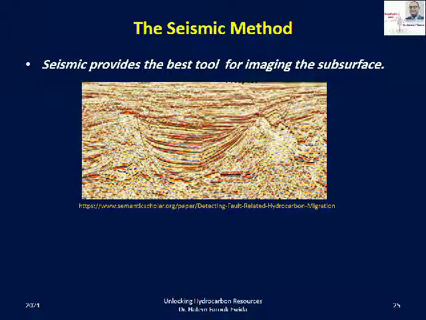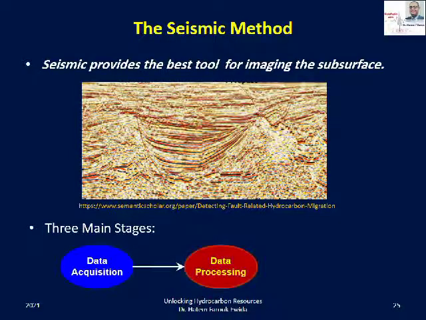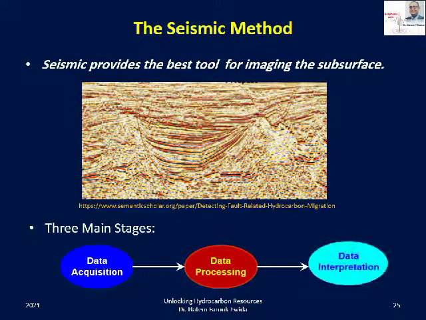We will see that in the coming lectures. To do seismic, we have three main stages. We will talk about each of them in the coming lectures alone. We'll have seismic data acquisition, followed by seismic data processing, and then followed by seismic data interpretation.